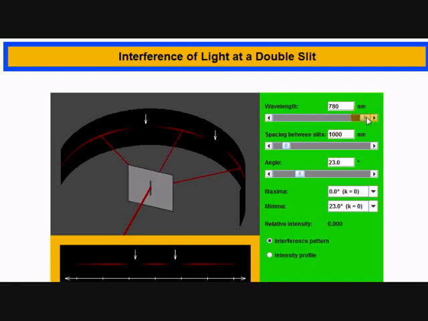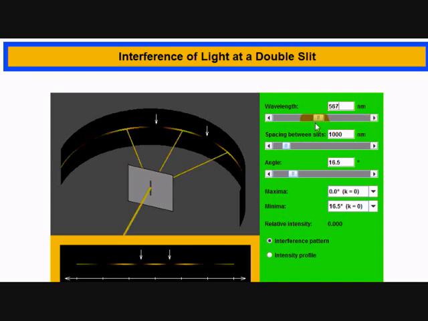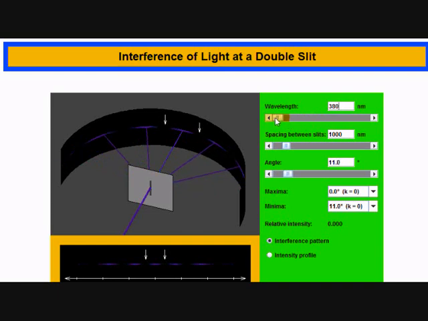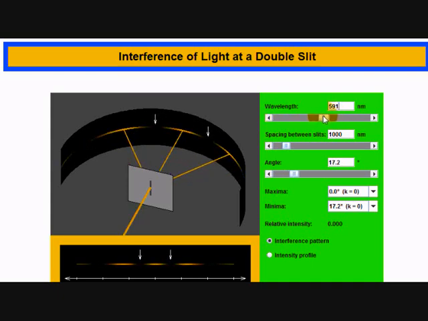Okay, so we'll just vary the wavelength then, and we see that we changed to 554 nanometers. We're starting to see a second fringe appear, and if I change the wavelength further and make it shorter, you see now that we have both first order and second order fringes. Okay, so I'm going to adjust the wavelength back to the center again, around 560 nanometers or so.